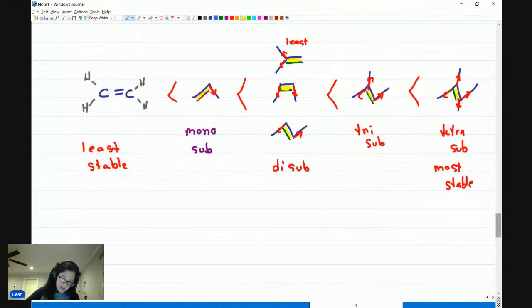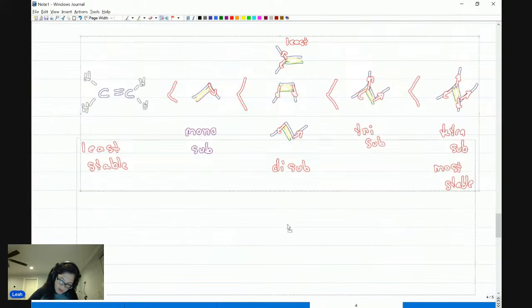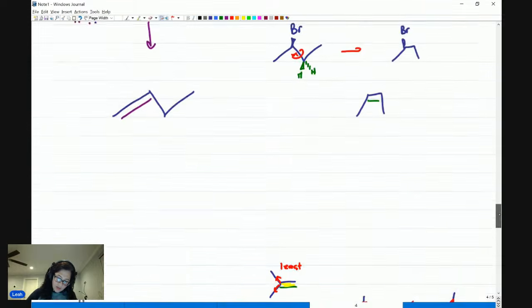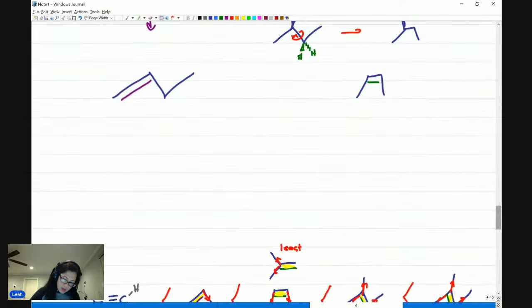This is a mess. Give me a moment. Let's clean this up a little bit so that you can follow along, especially when you're reviewing the notes. So I'm going to write the 3 products again over here. So we had our first product that I drew. I'm going to draw it in a different color so you know that I'm doing a redraw here. It was a trans alkene that is disubstituted. The second one that I drew, or no, that was actually the third one that I drew.